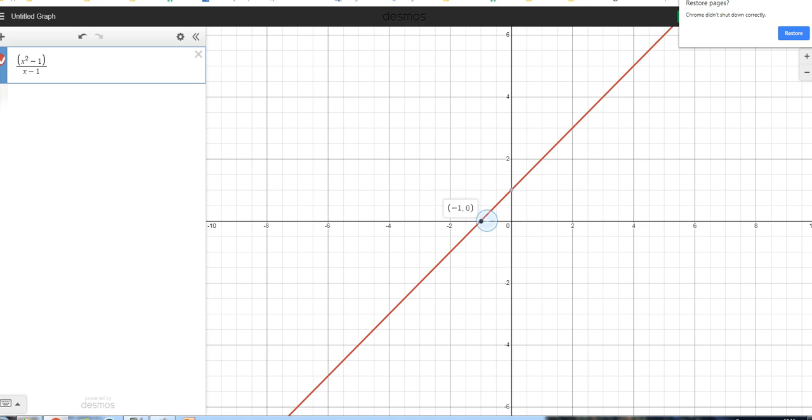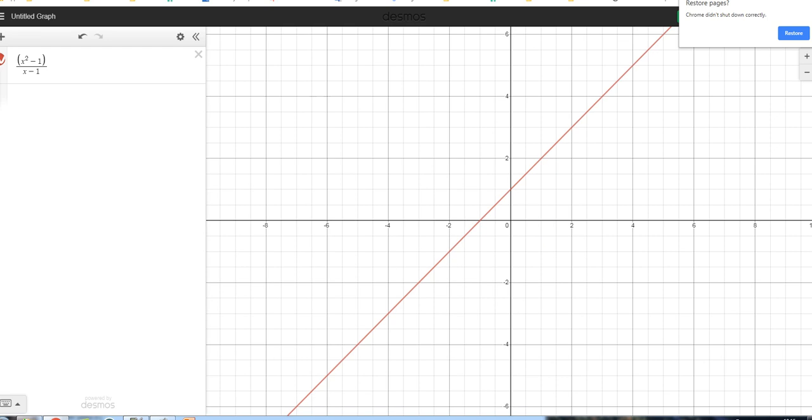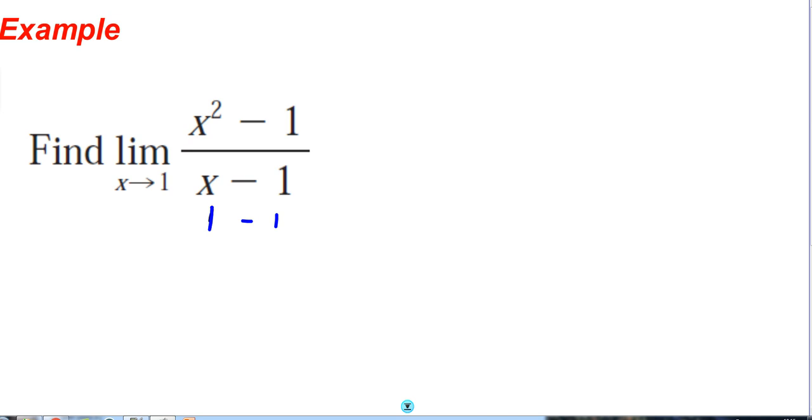It should be some value there as x approaches 1. So in this case, what do we do? We are going to simplify the quotient before we find the limit.